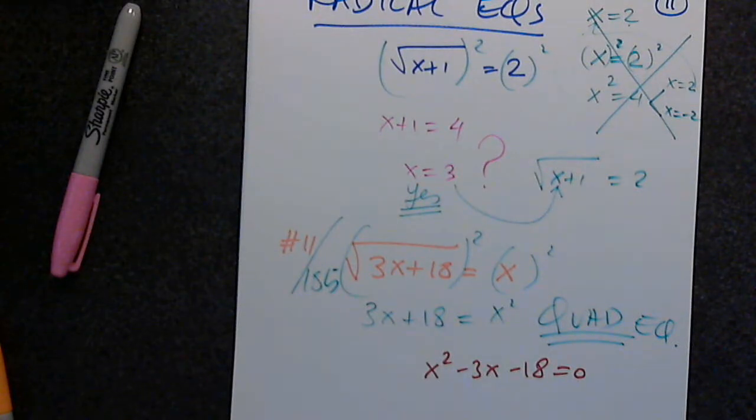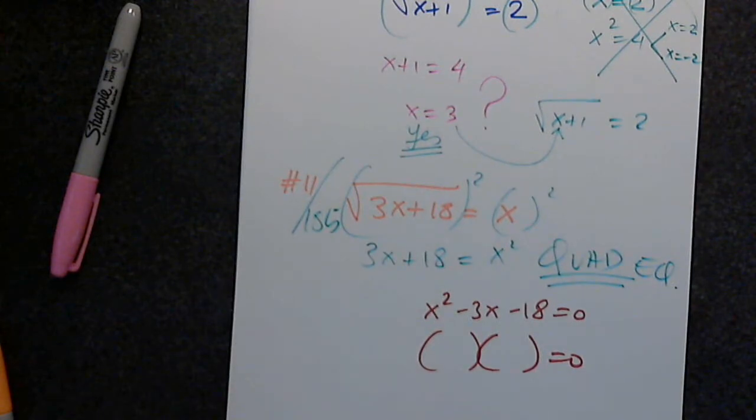Yes, because it does not take long. If it takes too long, forget it. Absolutely. So, x minus 3 and x plus 6, yes, x minus 6 and x plus 3, or x plus 3 is minus 6.